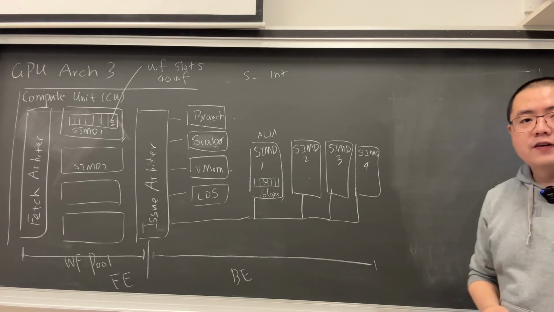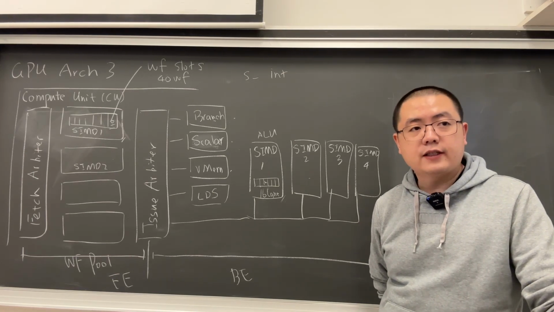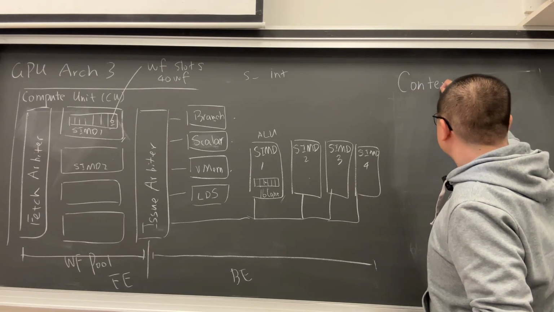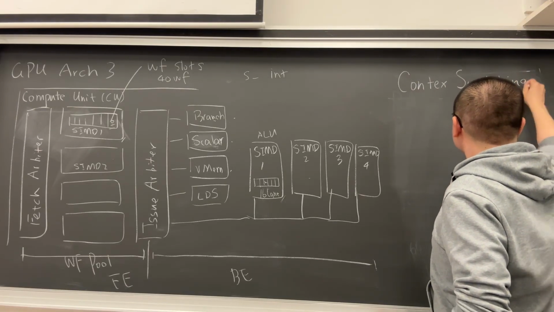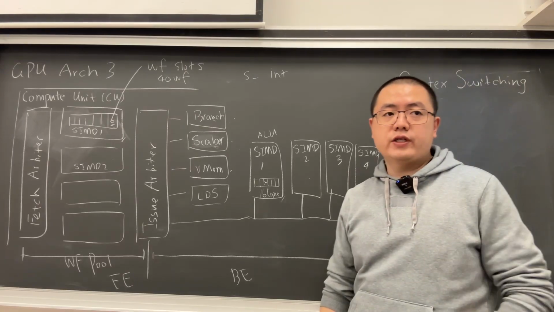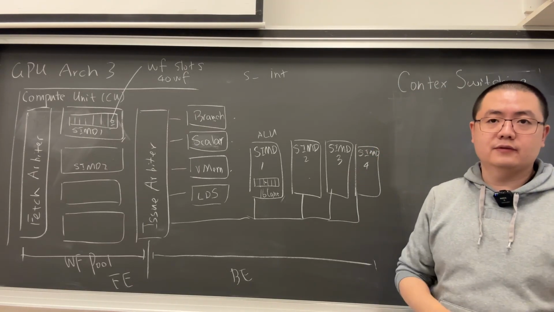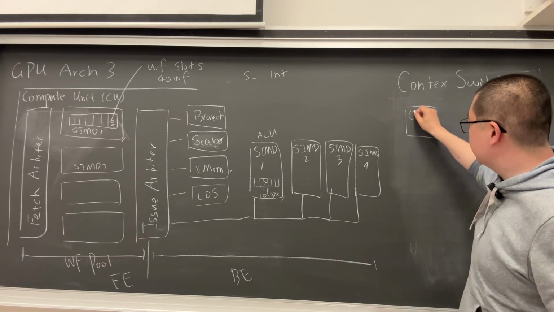So a very common misunderstanding is about context switching. When we say context switching in the GPU context, we don't mean what it means in a CPU context.